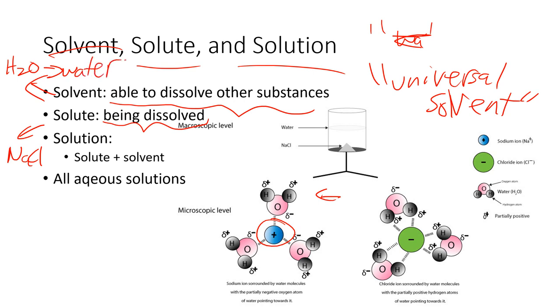Usually you can tell, a good rule of thumb is the solute is what there's less of. It's very rare that water can dissolve something more than it. If you imagine you had 100 grams of water and then 100 grams of salt, correct me if I'm wrong, but I don't believe 100 grams of water can dissolve 100 grams of sodium chloride.